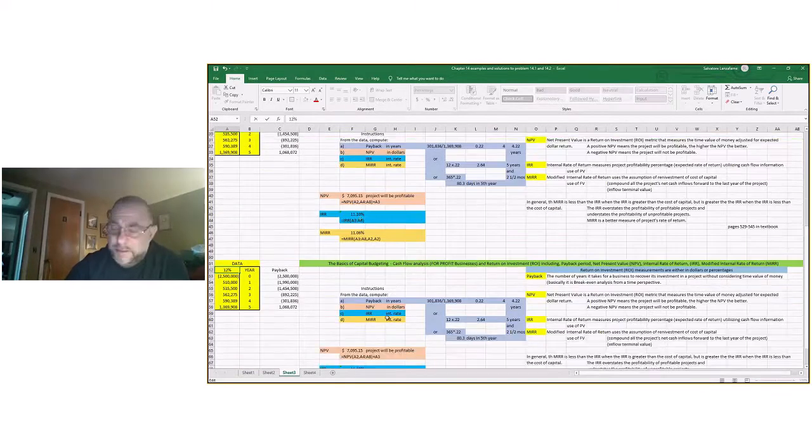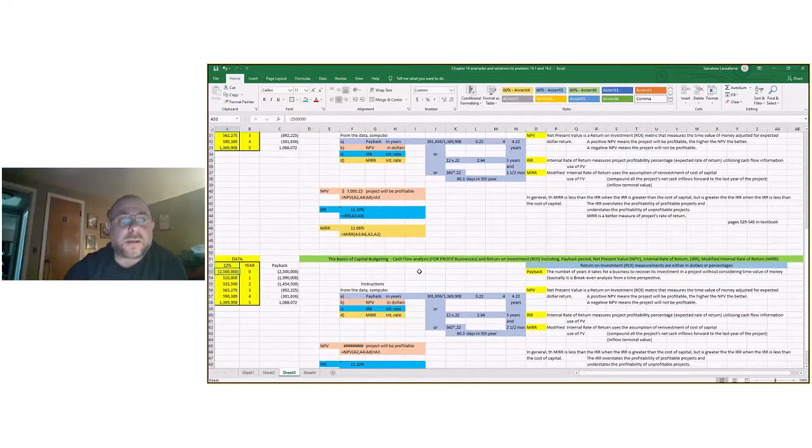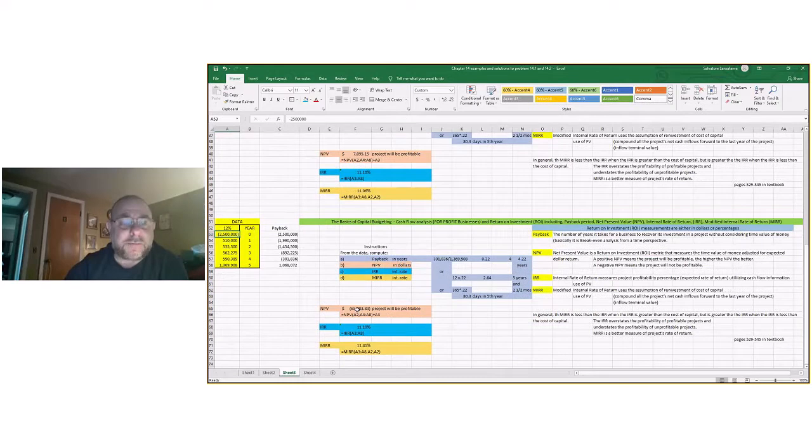Let's see what 12% does. And look at that, negative 65,000. So if our cost to borrow went to 12%, then this project would now become unprofitable. That 1%, notice, gave us a negative NPV.